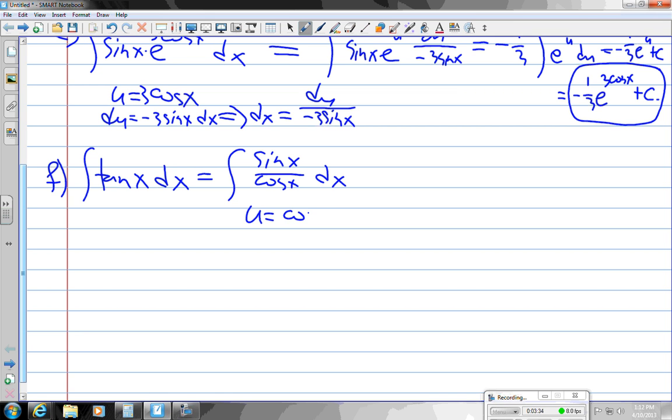So u is the denominator and du is the numerator. Okay? You can make a substitution without really solving for dx, because you see how you have sine x dx, which is negative of du. So you can make that substitution with a negative du over u, which is natural log of u.